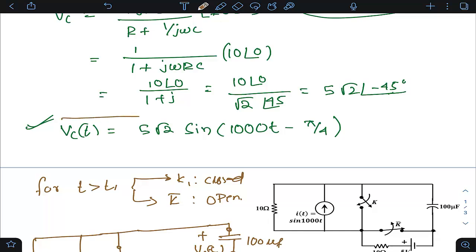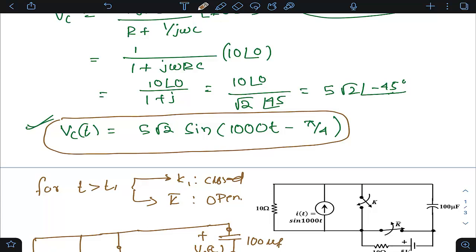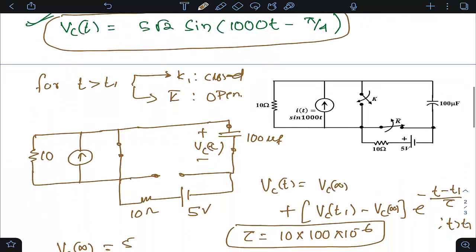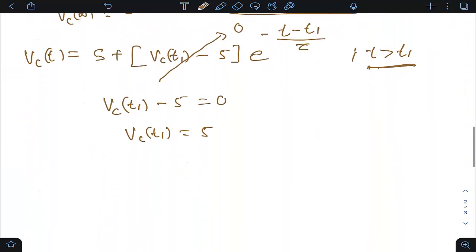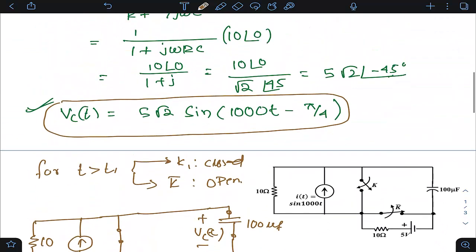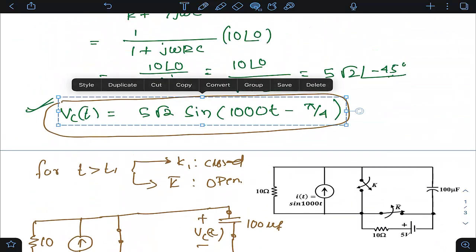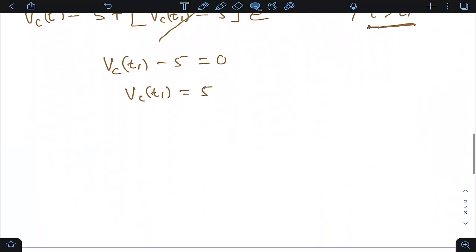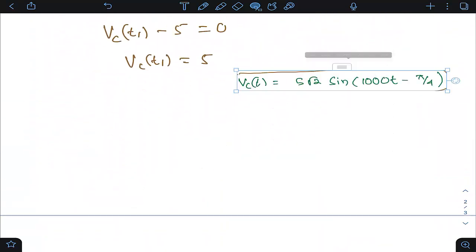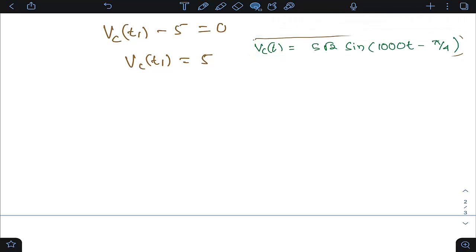So we have this VC(t) expression, applicable just before switching. If you want the value at t1, you can simply substitute t1 here. So VC(t1) equals 5, right?